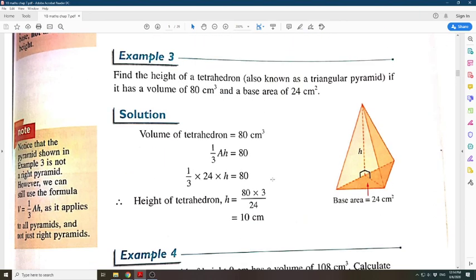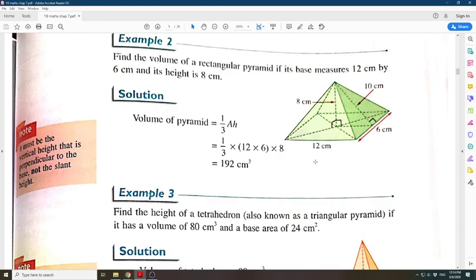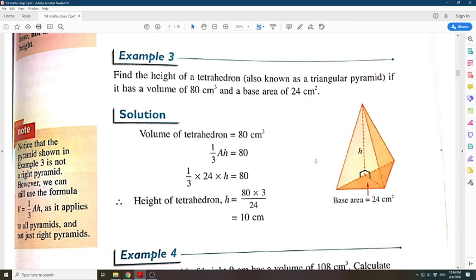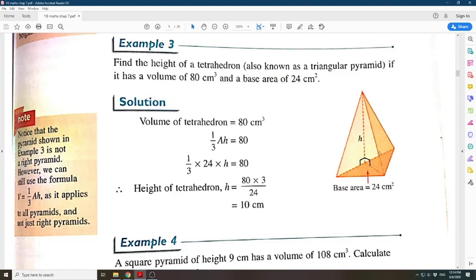Now, previously we have been doing square and cube, right? But what happens if we face questions like this? This is a triangular pyramid, same formula. But in this case, what is the shape of the base? It's a triangle. So how do I calculate the base area for this triangle?